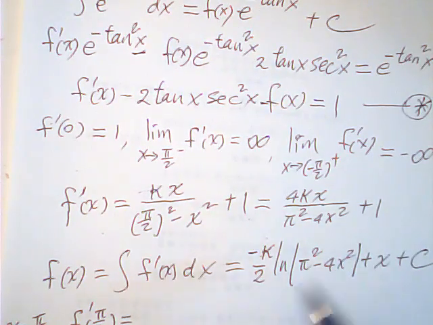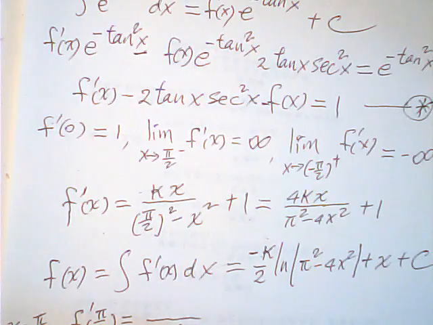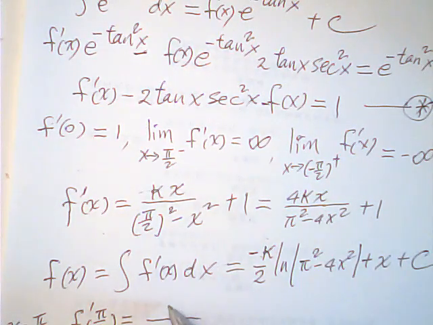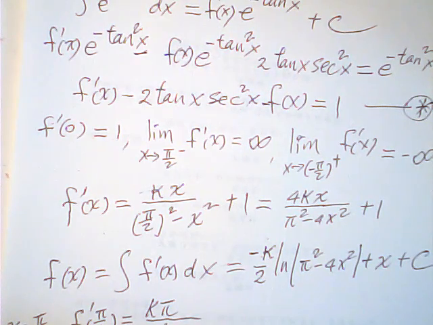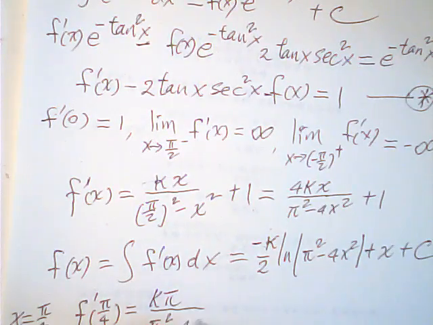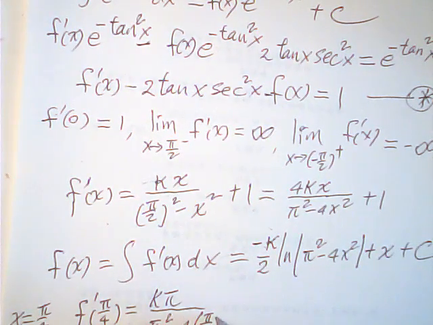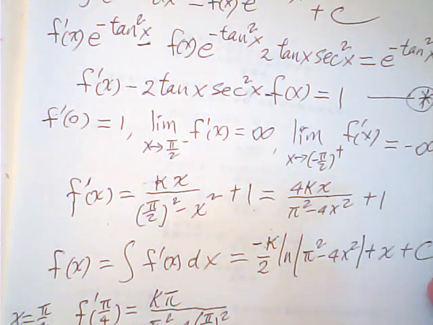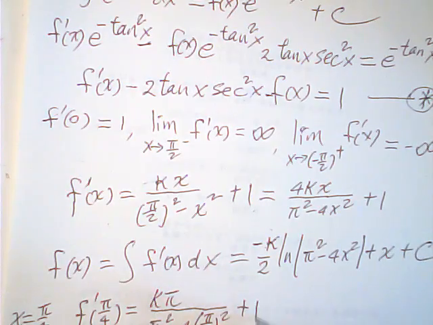With x equal to quarter pi, it becomes k times pi over pi square minus 4 times quarter pi square, and now I'm using this one, and plus 1.